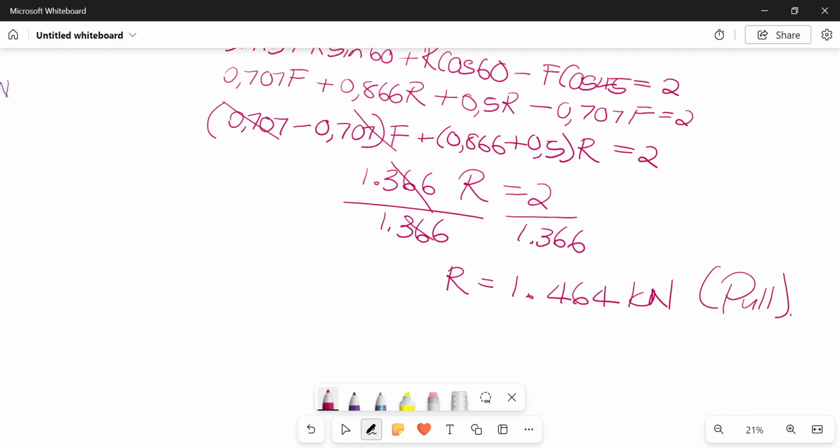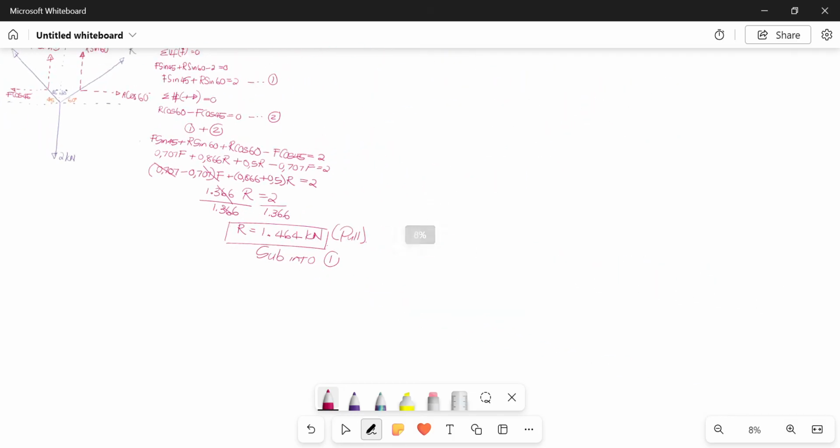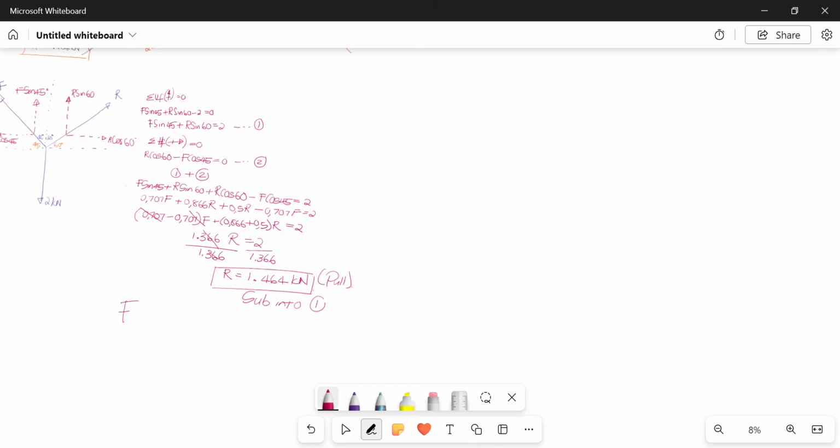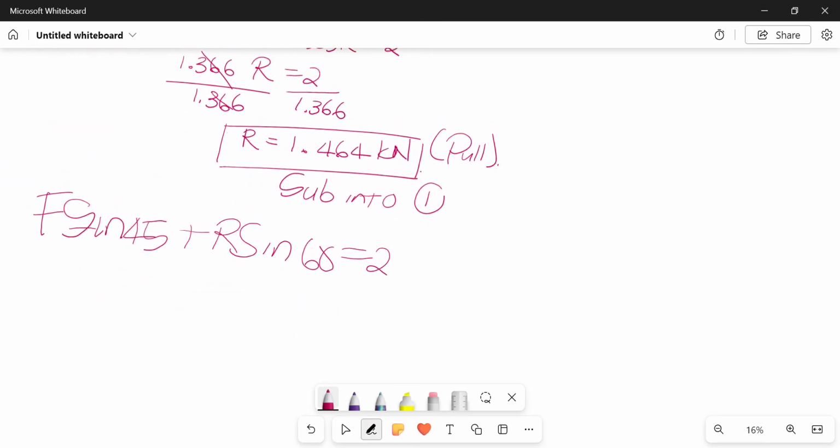Then now we can sub this value of R into equation 1 or 2, whichever one you prefer. So equation 1 said F sine 45 plus R sine 60 was equal to 2. I know my handwriting is getting a bit dodgy. I think this battery is dying.